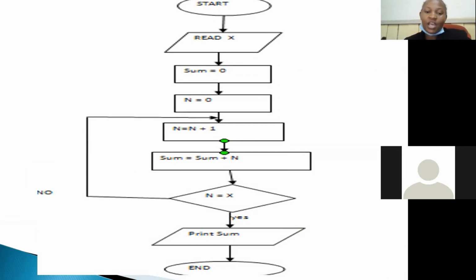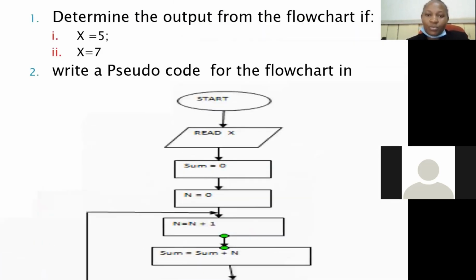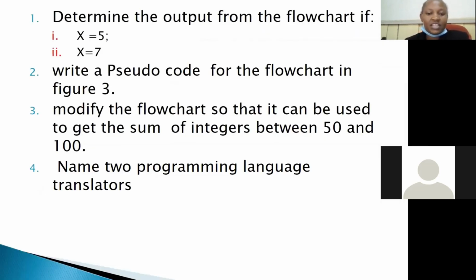So here, the decision symbol is likely to change, yes, no. What changes is the initialization of n and the decision, and then we remove the read x, because here we are not reading anything. We are only modifying the flowchart to output the sum of integers between 50 and 100.